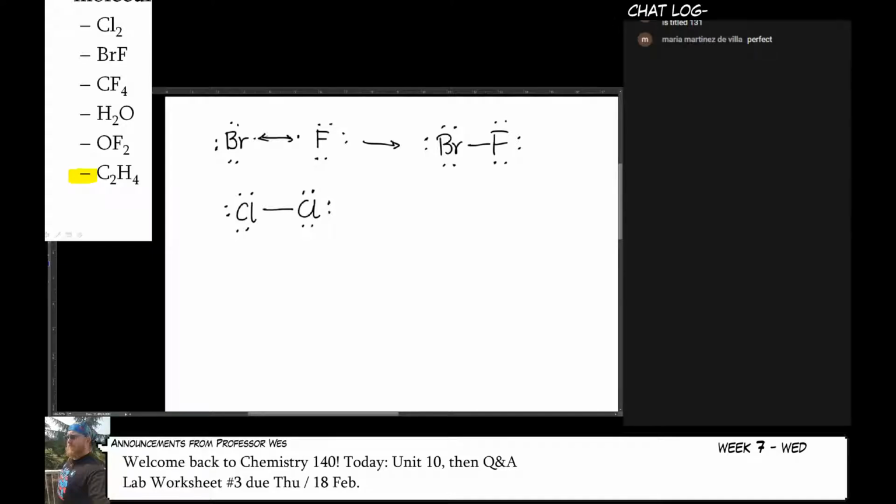Okay, let's do CF4. So I've got carbon, and carbon only has 4 valence electrons like that. And then I have 4 fluorines, and each fluorine is going to have 7 valence electrons. I'm going to just arrange them like this, in such a way that my single electron here just points inward.